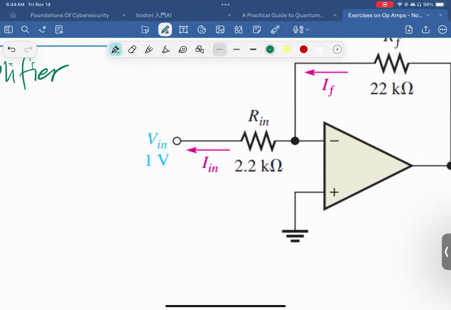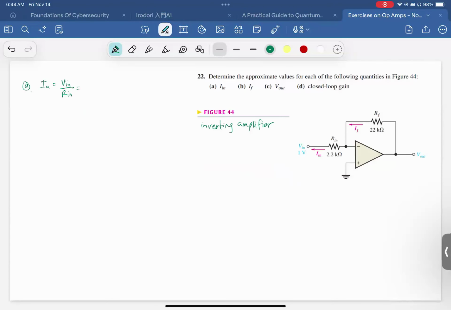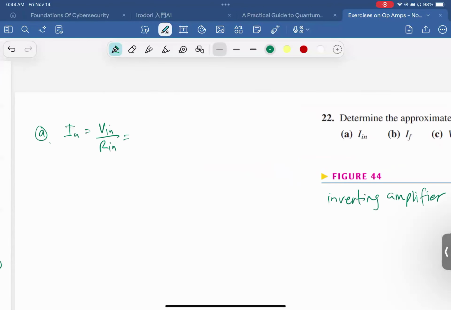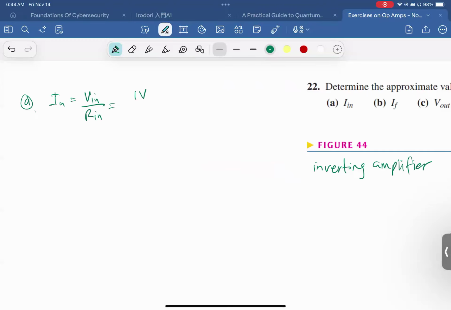Tapos ang input resistance ay 2.2 kilo ohms. So 1 volt divided by 2.2 kilo ohms. So ang sagot dito is 45.5 milliamperes.